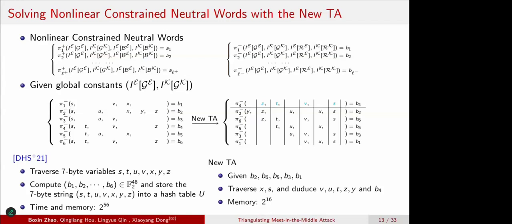On the other hand, using the new TA and given 5B, we traverse x and s, and deduce v, u, t, z, y, and b4, which needs a memory of 2^16.